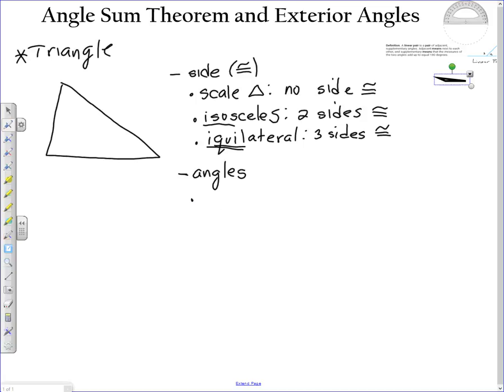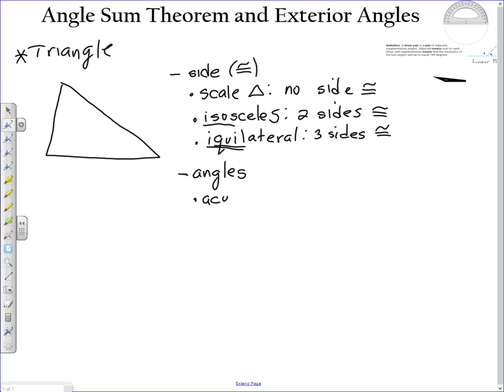One of them is the acute triangle. Remember, acute means the angle is less than 90 degrees.